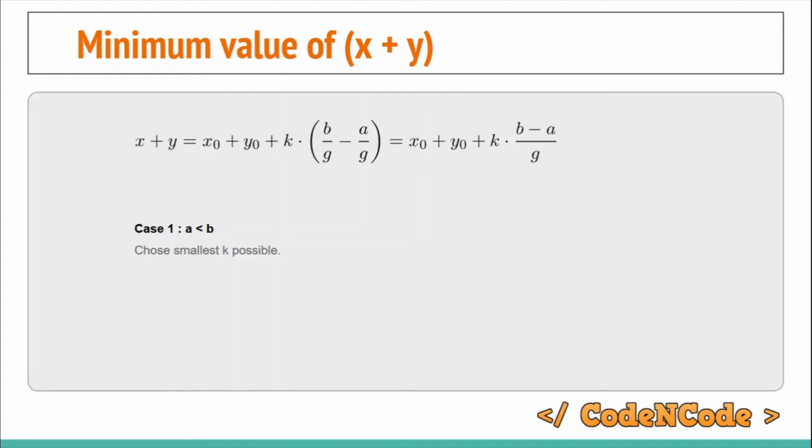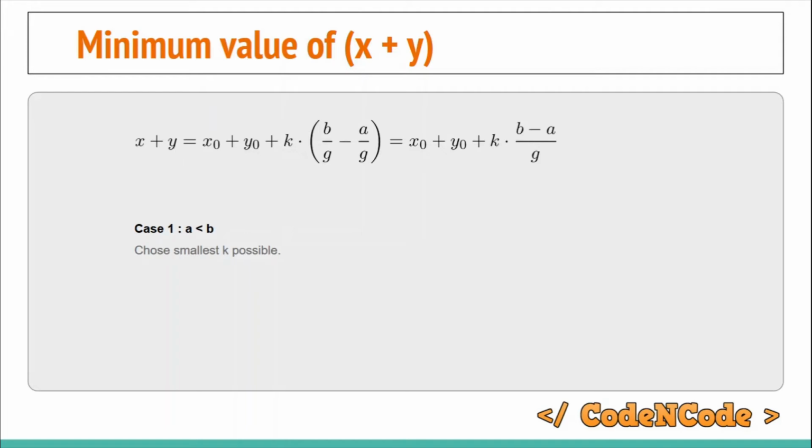If you are provided any range, like x should be in minus 5 to plus 5 and y should be 0 to 10, in that case you cannot choose k arbitrarily, like minus infinity. You need to pick k such that x and y do not go beyond their provided range. How we can do that, we'll be learning in the next lecture.